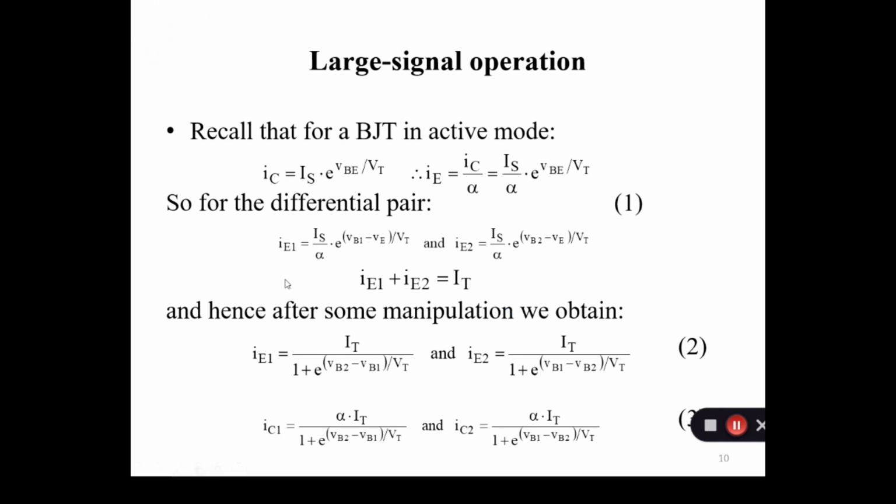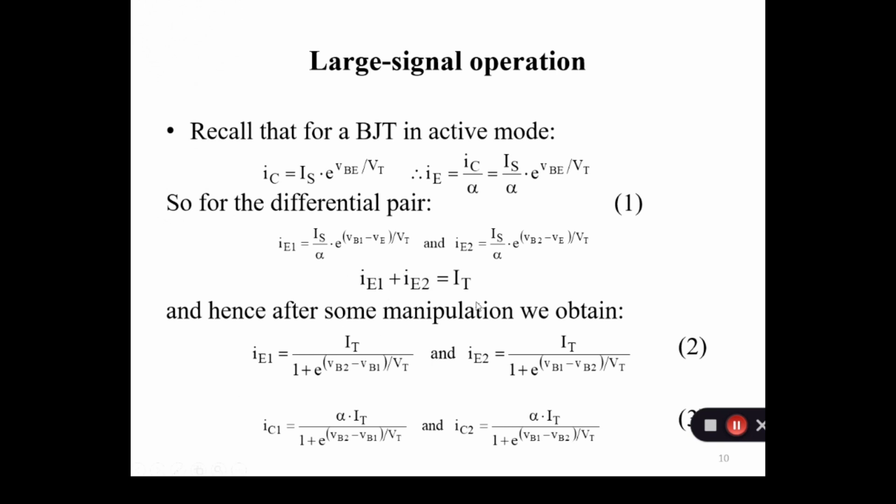Then these are some calculations we have done already in the lecture room in the month of February, at the start of our lectures, where we take this equation from the BJT in active mode. From here we can calculate the IE, and then for the present module, we are going to calculate the value of IE1 and IC1 with the help of this formula.